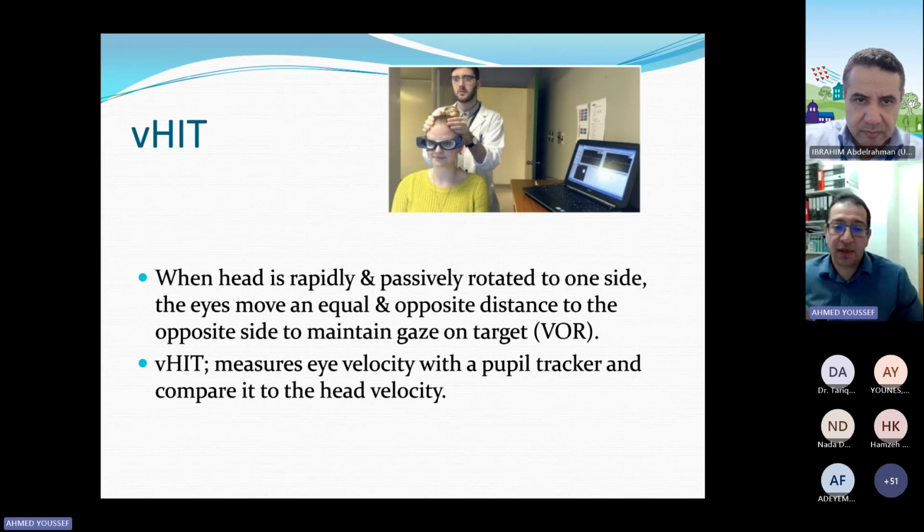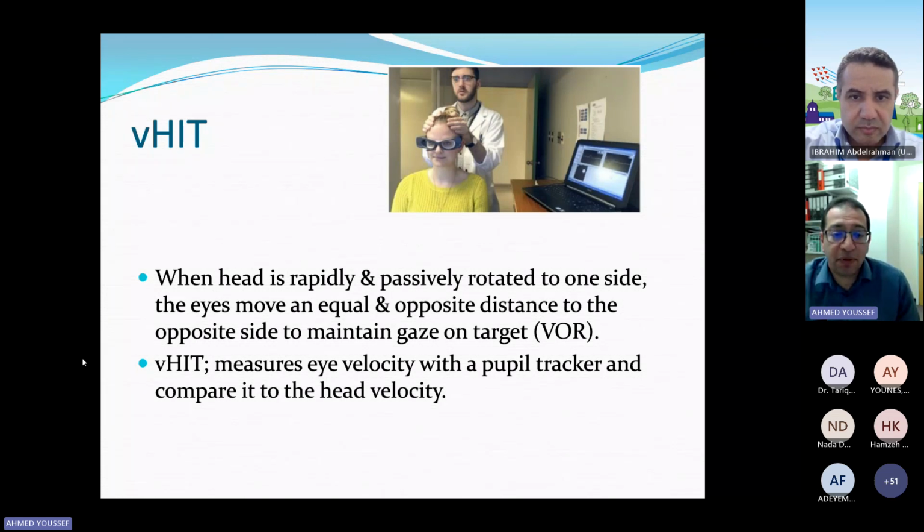In other words, when we test the lateral canal with the calorics, it's a slow frequency, and this is not actually a replication of day-to-day life. The VHIT is more similar to the rapid quick movements that we do during the day.